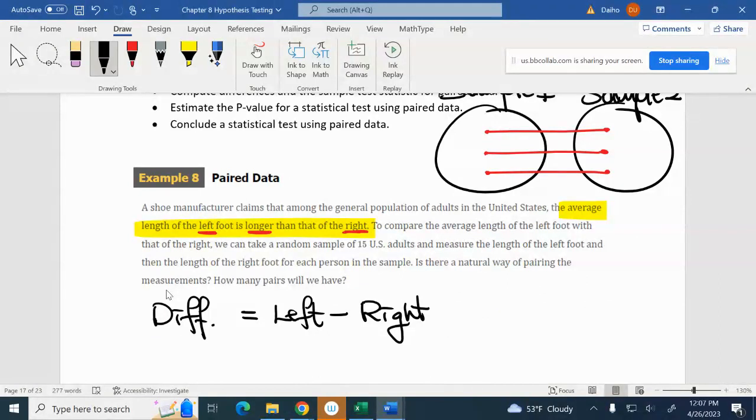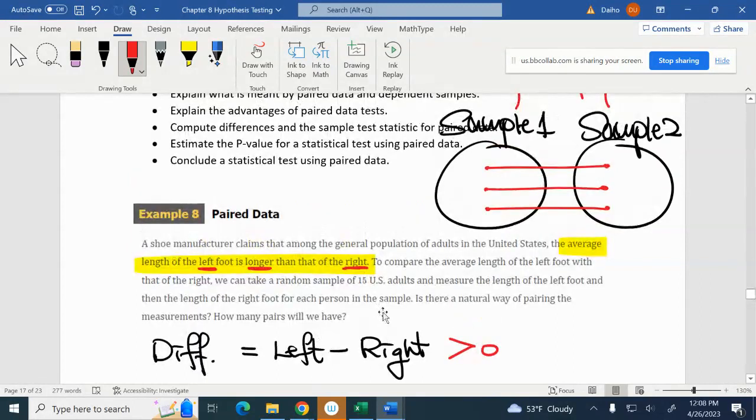Positive. When the claim is true, the difference, left one minus right one, must be positive. So when we have a dependent two samples, we can take the difference, and simply we apply the t-test.